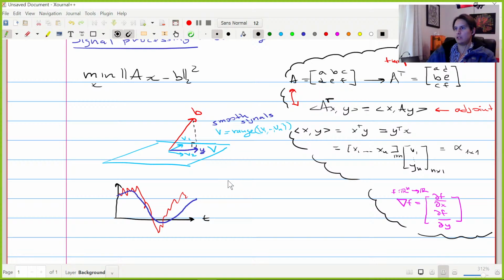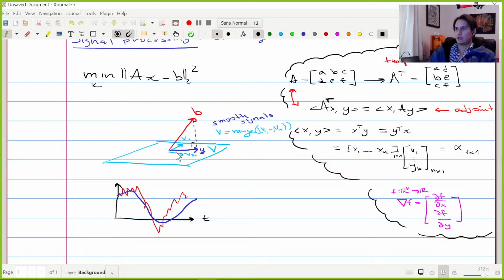Yes, it's a linear combination, but it's a linear combination with a special name, the orthogonal projection, right? So by solving this least squares problem, we can obtain the solution by using the orthogonal projection.